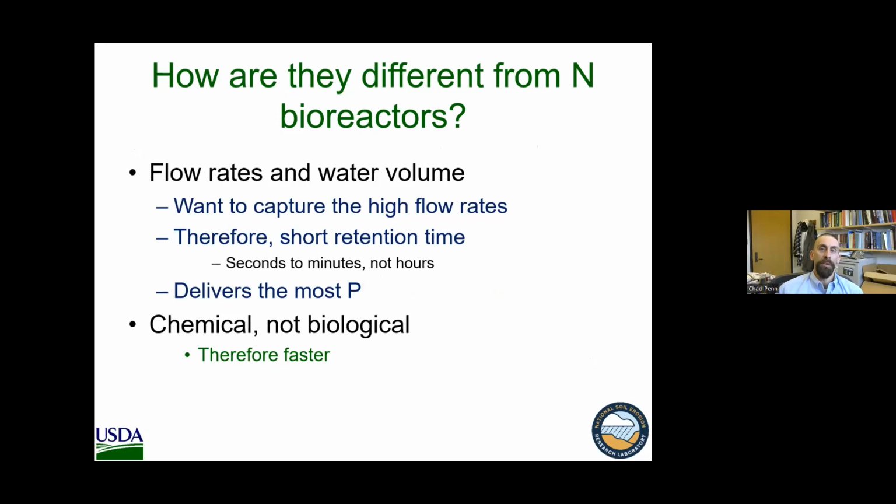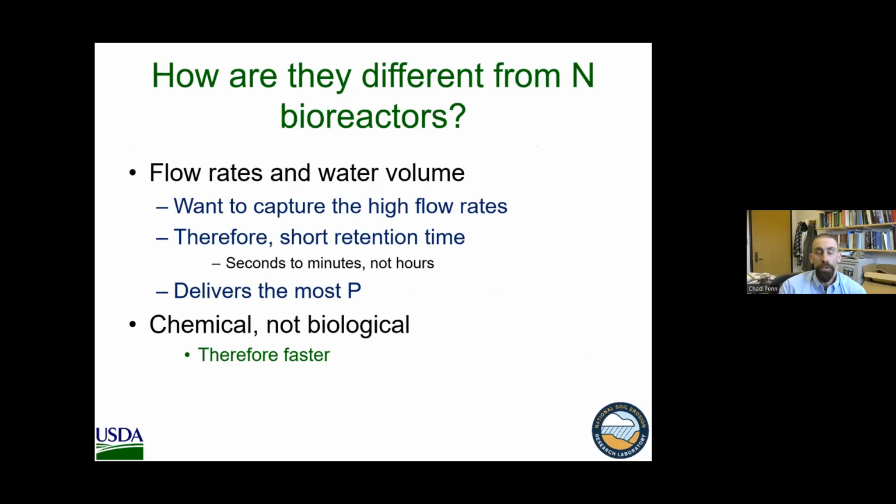How are they different from nitrogen bioreactors? I could summarize in one sentence and say that nitrogen bioreactors remove nitrogen by biological means, and we're removing phosphorus by chemical reactions. The main difference then practically is flow rates and water volume. So remember, with phosphorus, we want to capture the highest flow rates. That's what's delivering most of the dissolved phosphorus.